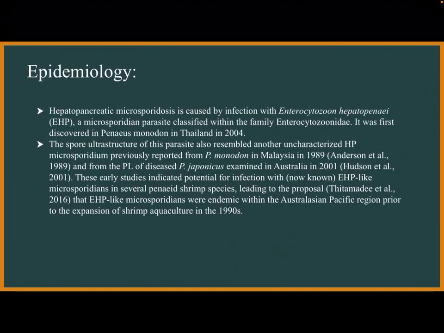Epidemiology: hepatopancreatic microsporidiosis is caused by infection with Enterocytozoon hepatopenaei or EHP. It is a microsporidian parasite classified within the family Enterocytozoonidae and was first discovered in Penaeid in Thailand in year 2004.